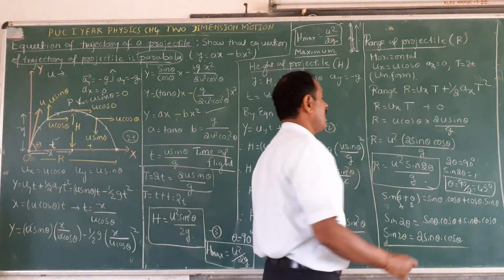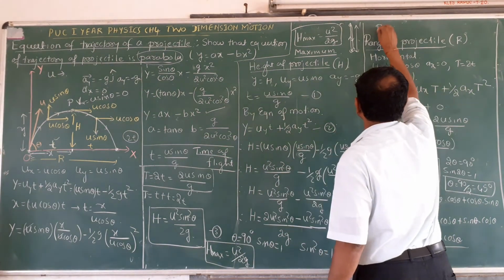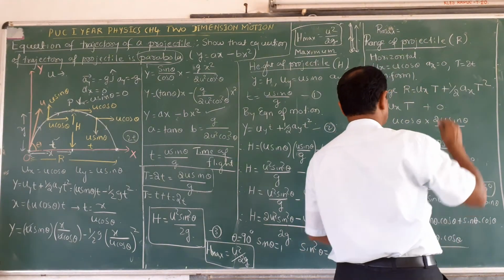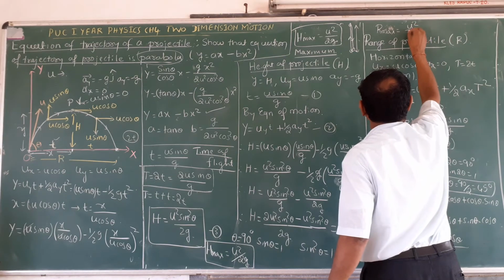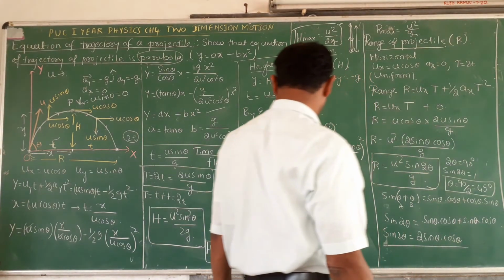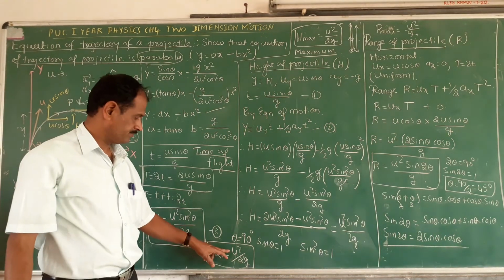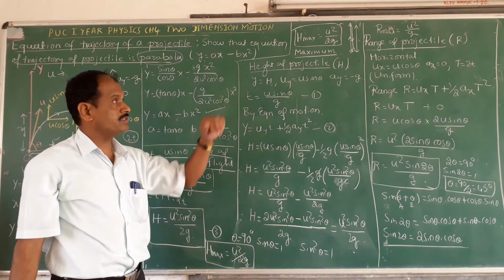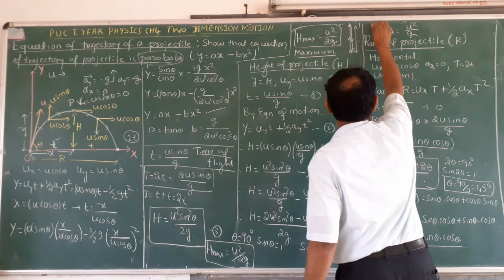Now what is the Rmax? Rmax, the maximum range of the projectile, is u square by g. This is u square by 2g. U square by g, ultimate maximum.